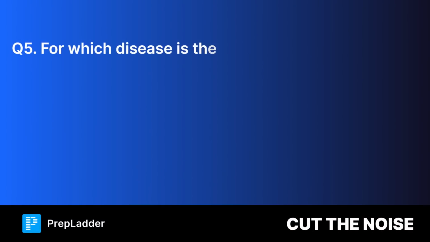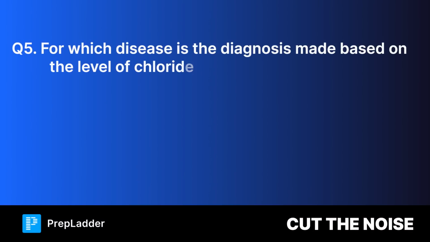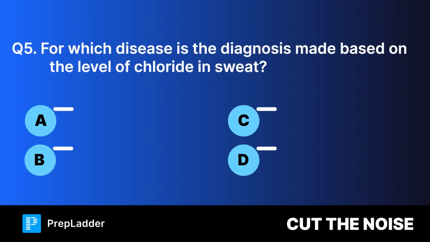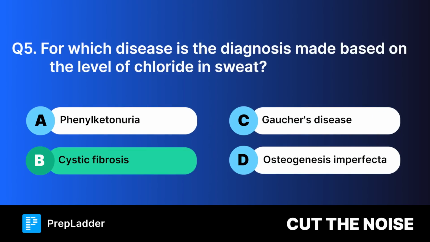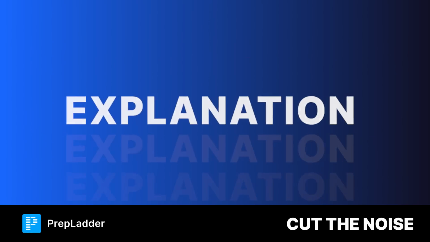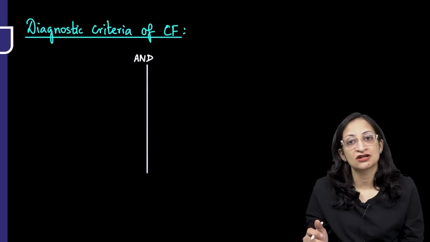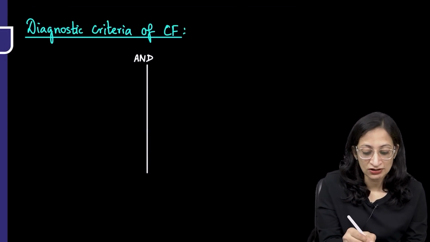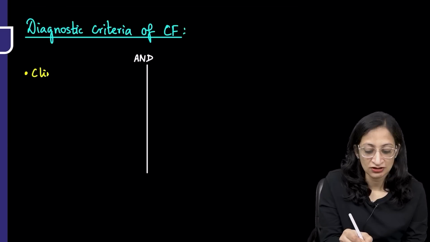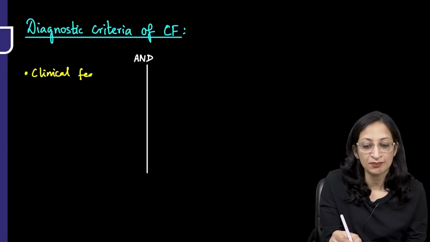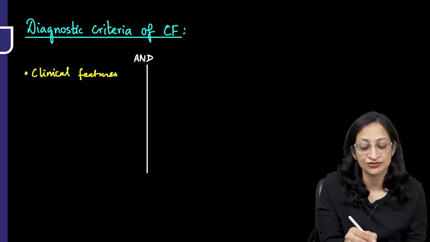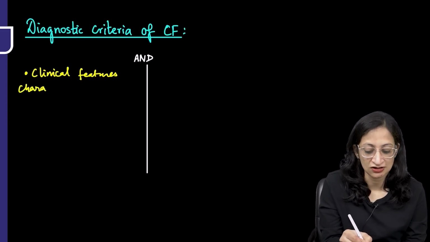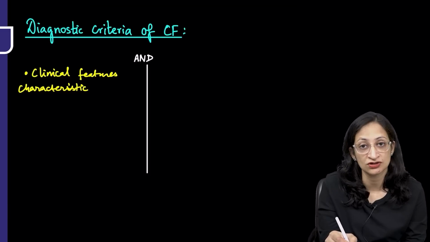Question 5. For which disease is the diagnosis made based on the level of chloride in sweat? Your options are. And the correct answer is cystic fibrosis. Here's the explanation. What are the diagnostic criteria for cystic fibrosis? One is that the clinical features should be characteristic of cystic fibrosis, like recurrent diarrhea, recurrent pneumonia, steatorrhea.